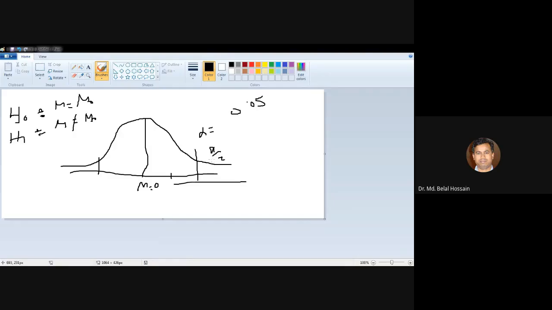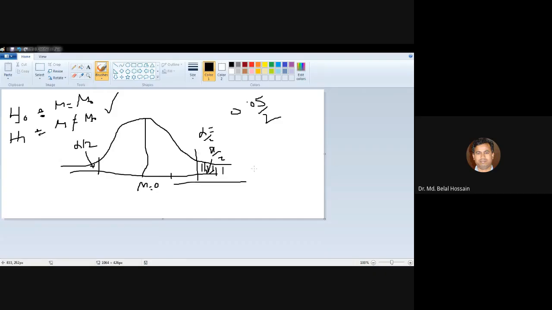Alpha by 2 is here, and another alpha by 2 is here. The area or probability of each will be half of alpha, so it will be 0.025. If your alternative hypothesis is like this, we call it a two-tailed test.